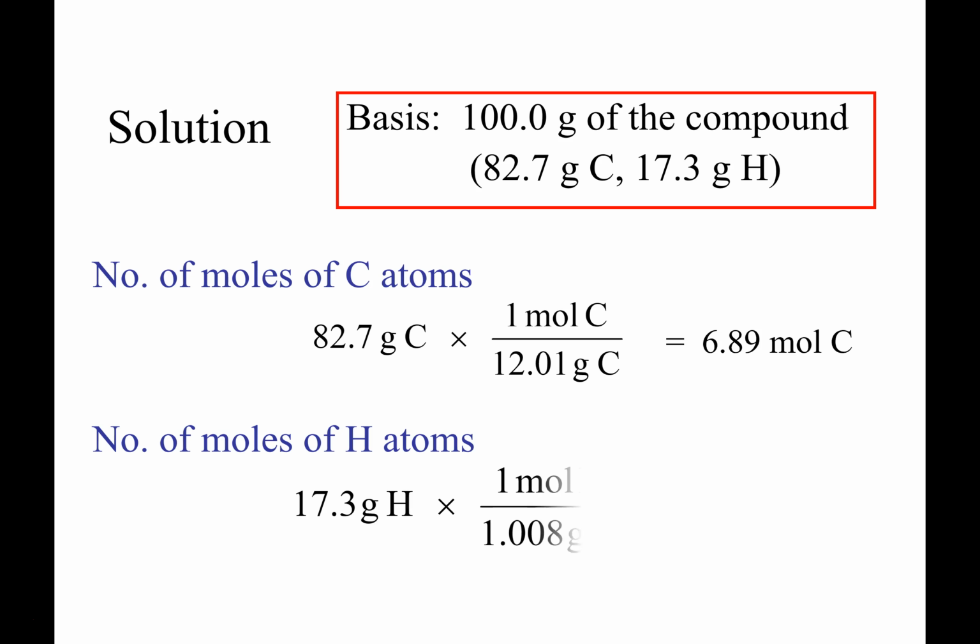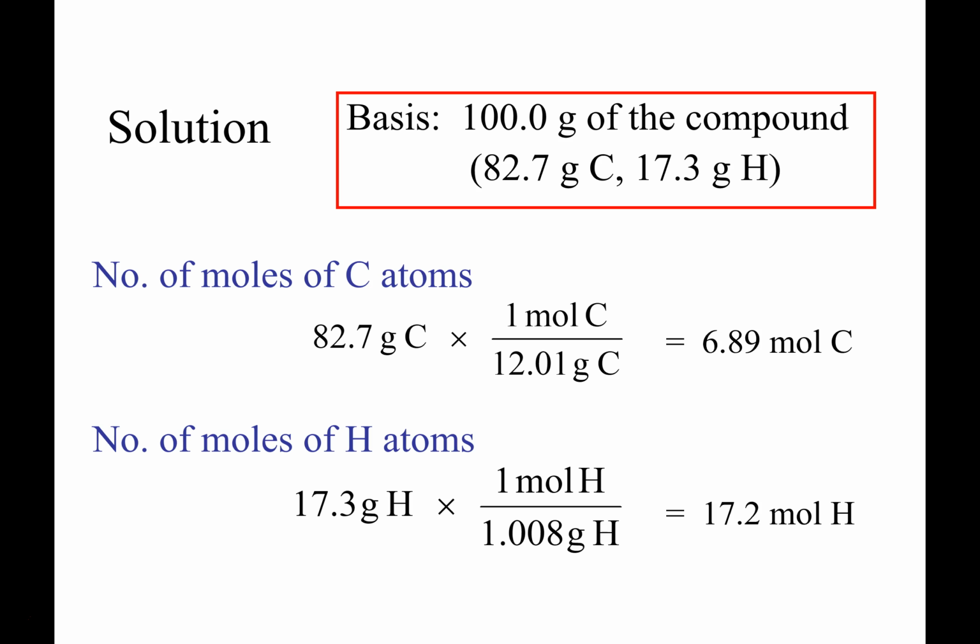For hydrogen, you're looking at 17.3 grams of hydrogen, and 1.008 grams of hydrogen for 1 mole. Round to 3 sig figs, and you're looking at 17.2 moles.